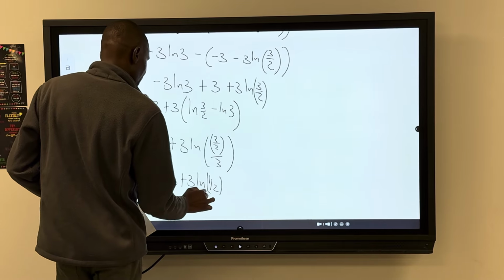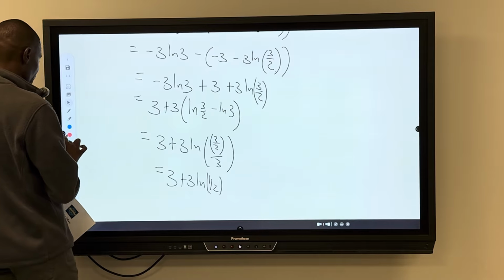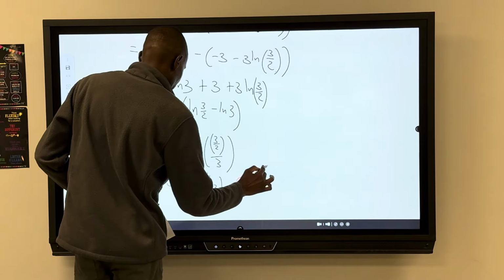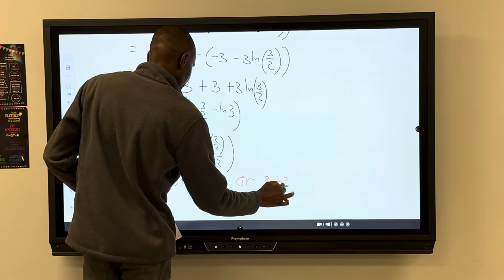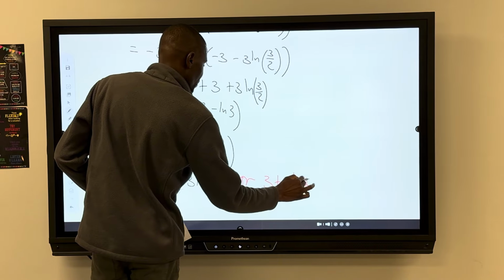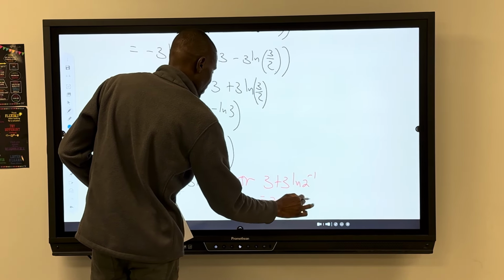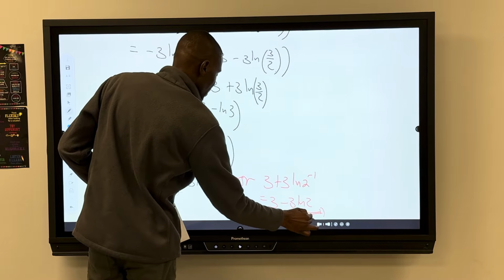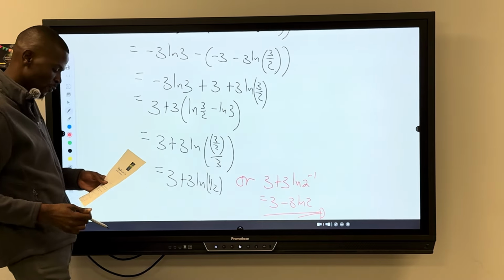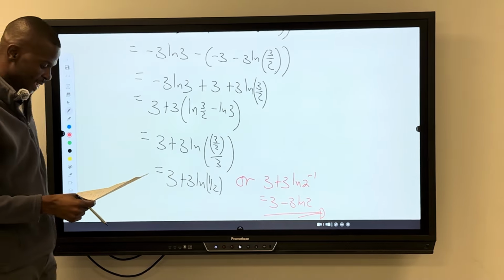We can leave it like this, or you can say it's 3 plus 3 ln of 2 to the negative 1, which is just 3 - 3 ln 2. So either leave it like that or like that. So that's the area.